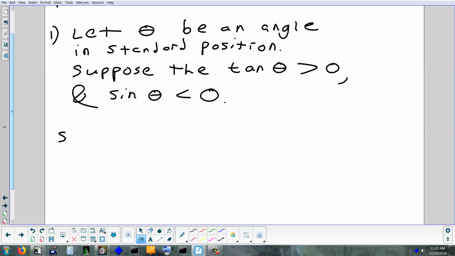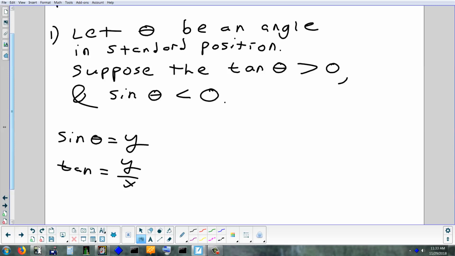Think of your definitions, right? Sine is the y, tangent is the y over x. So now just look at what's happening. We're saying that the y value is negative. That automatically puts you down in either quadrant 3 or quadrant 4.